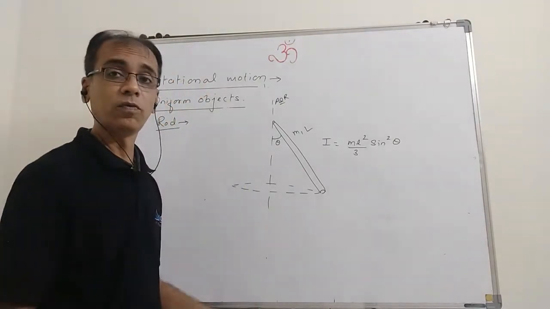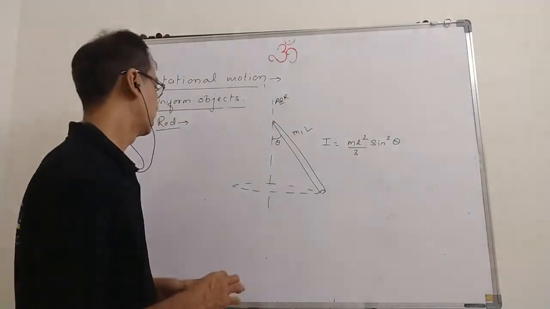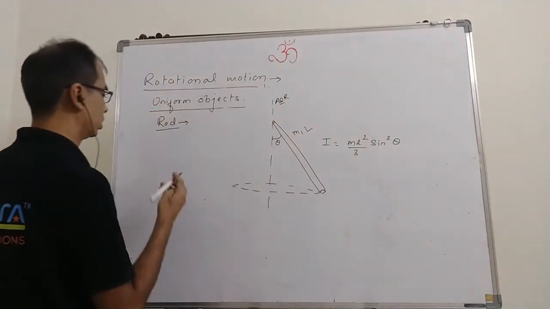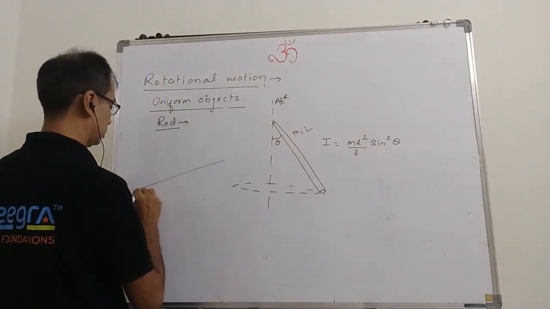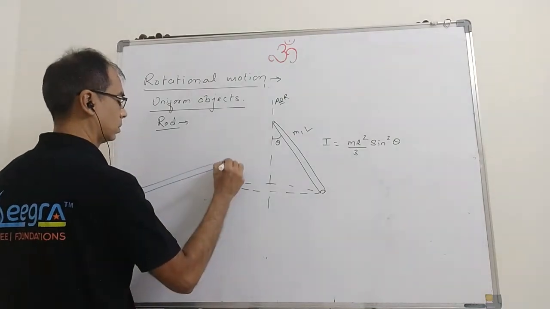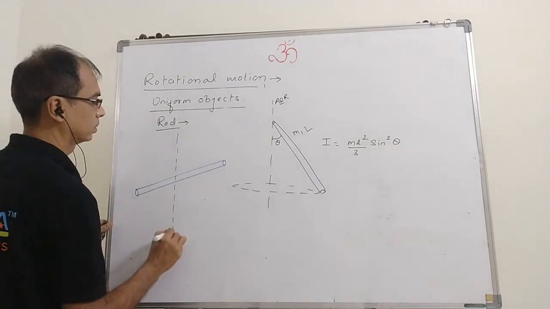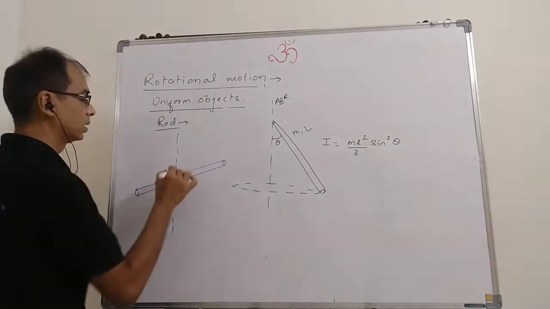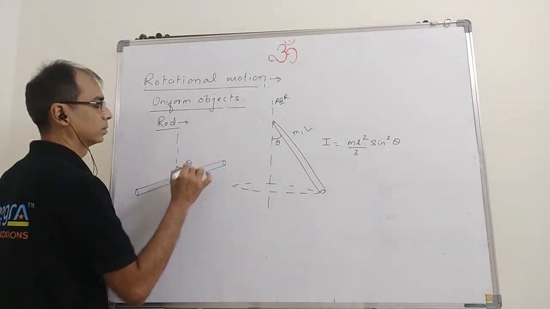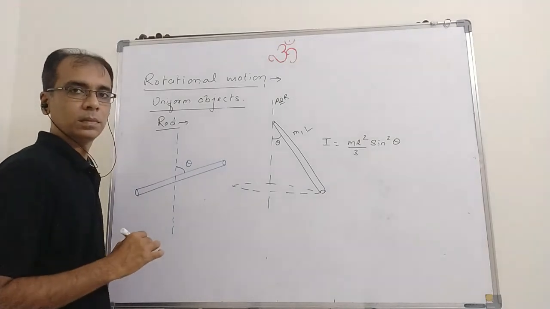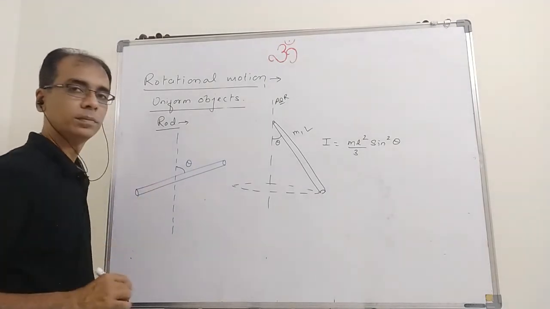Then, one more format is there. What is that format? I'll show you. This is the rod. And here the axis is passing through its center. And this is theta.